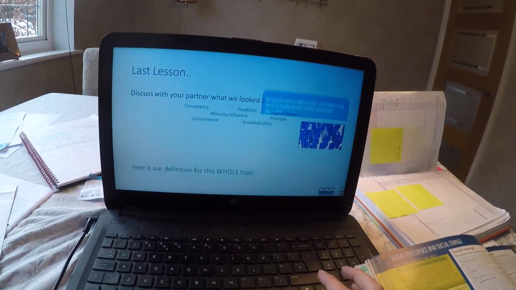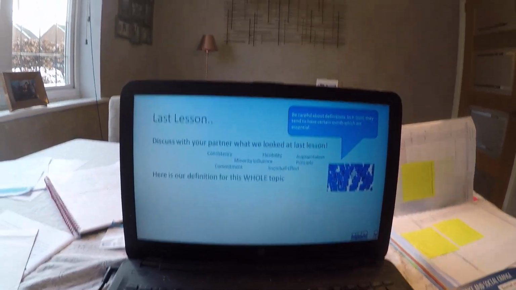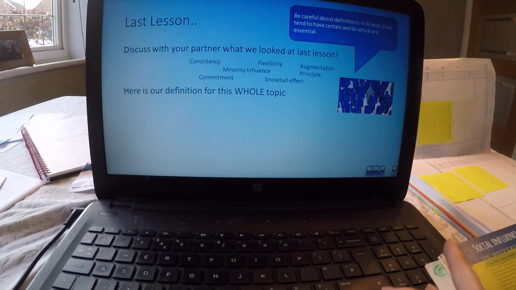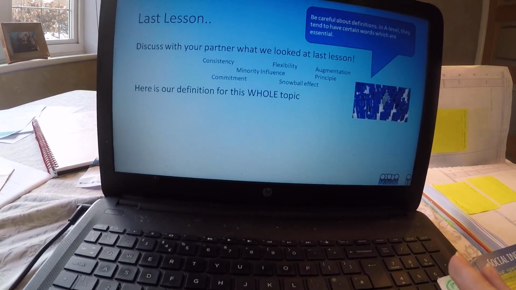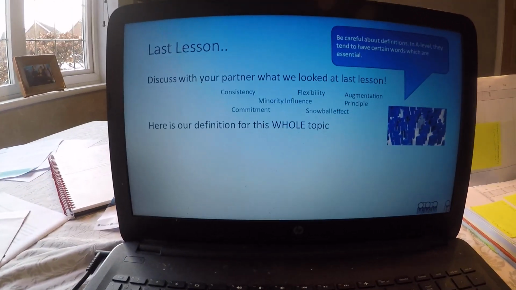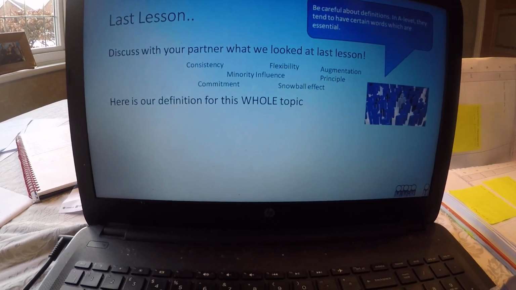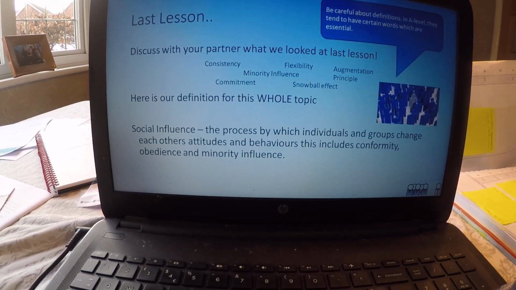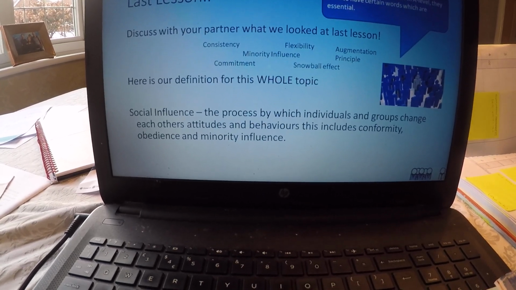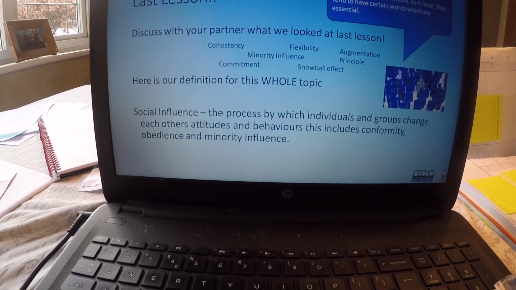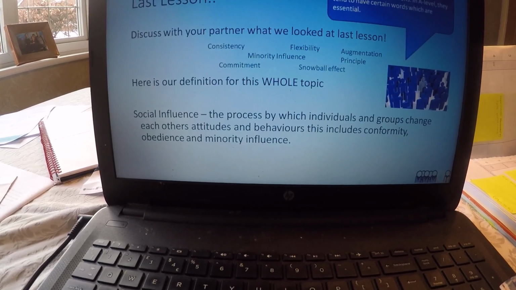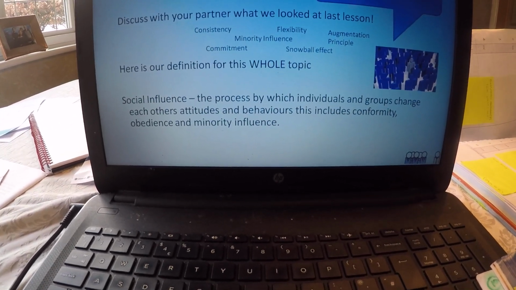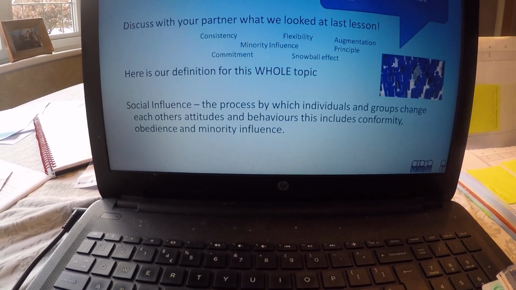We've gone through last lesson and now I want to give you the definition of our whole topic. So hopefully you remember this whole topic has been called social influence. So our main definition is the process by which individuals and groups change each other's attitudes and behaviours, which includes conformity, obedience and minority influence.